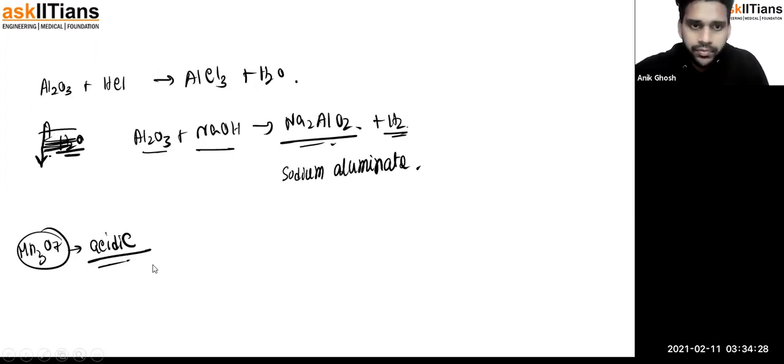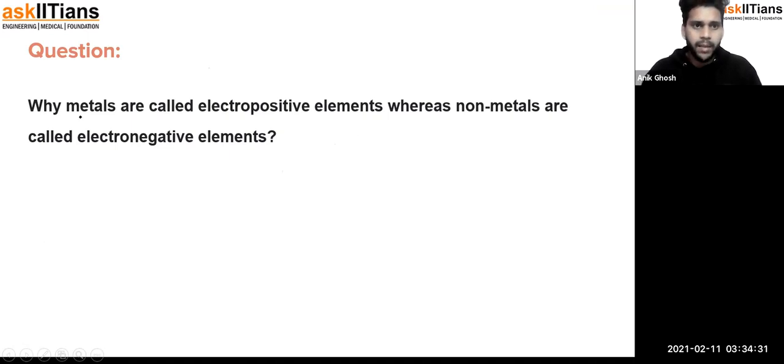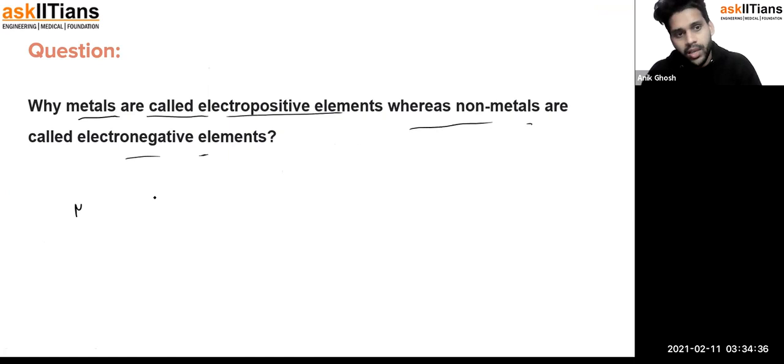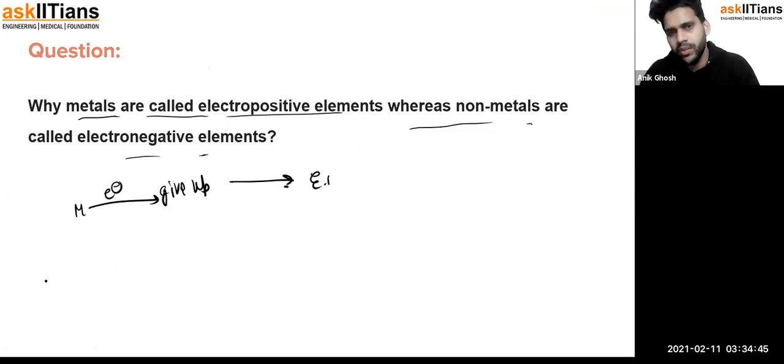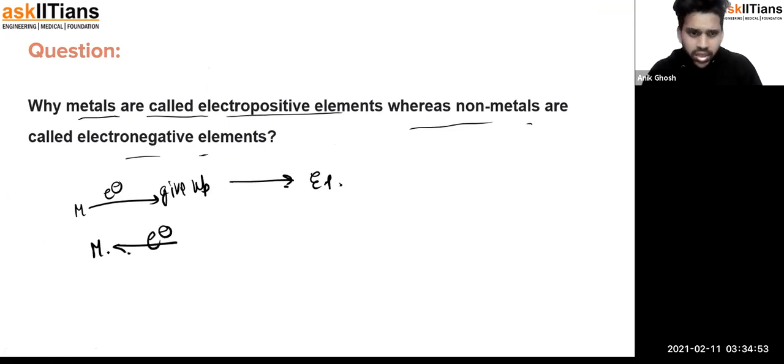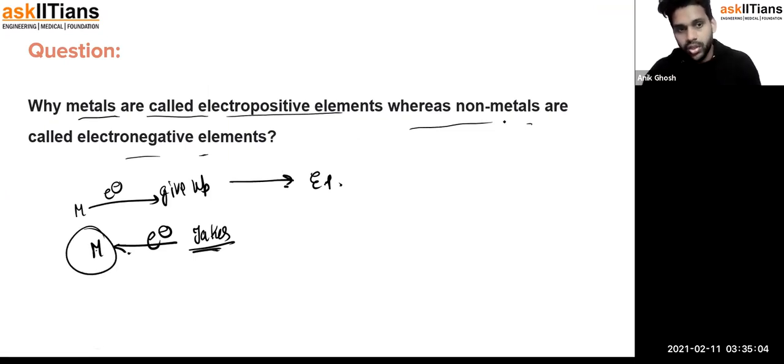Now, coming to this part: why are metals called electropositive elements whereas non-metals are electronegative? Metals want to give up electrons, so we call them electropositive elements. The elements that take up electrons are non-metals, so non-metals are electronegative elements.